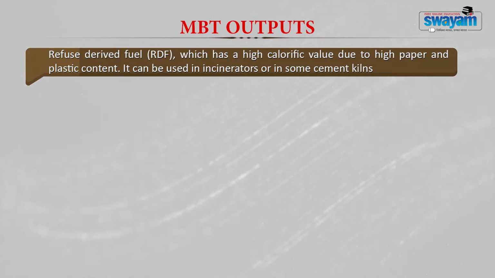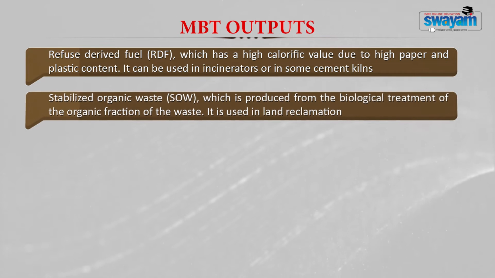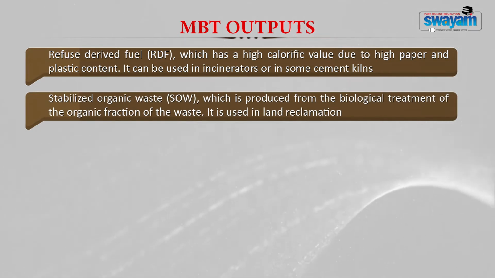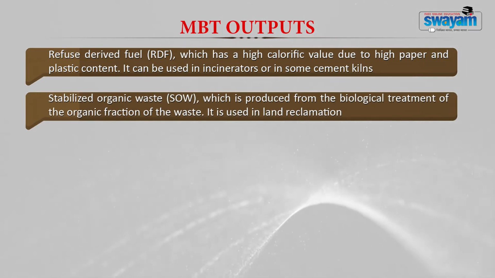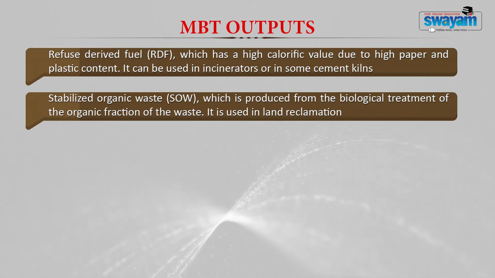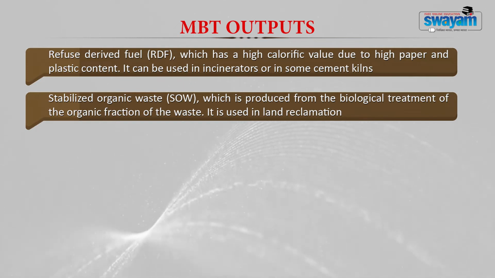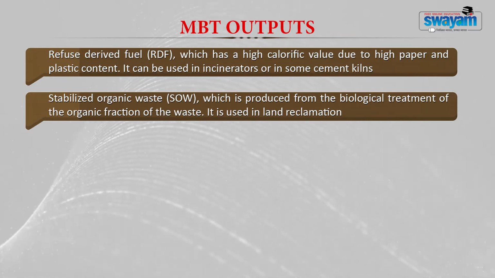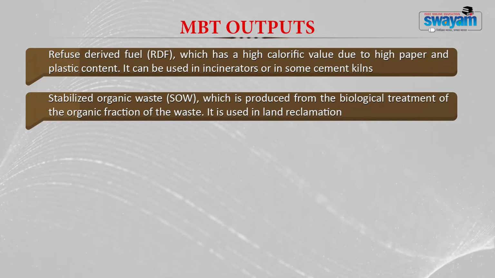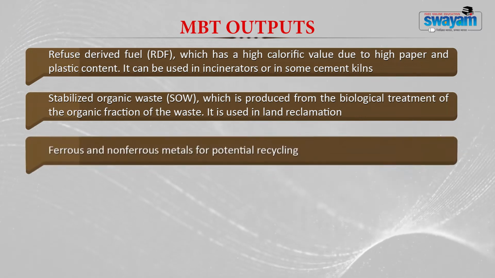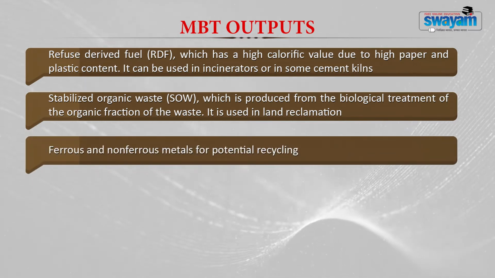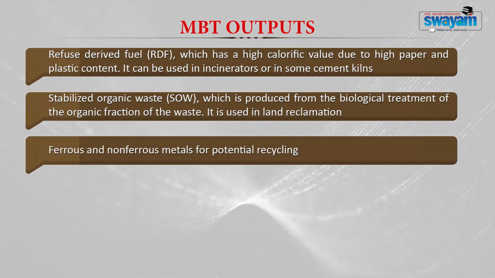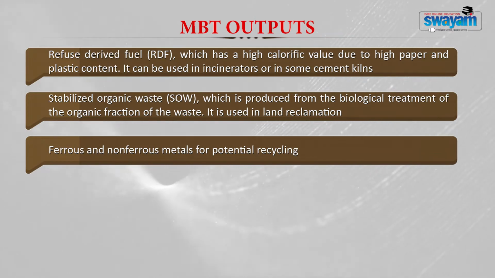The second output that is obtained is stabilized organic waste, in short termed as SOW, which is produced from the biological treatment of the organic fraction of waste. As I told you earlier, it can be used in the land reclamation process. The third output is the ferrous and non-ferrous metals that are separated during mechanical sorting, and you can use them in recycling.